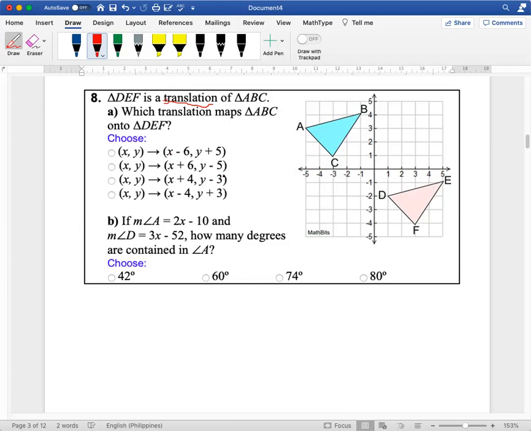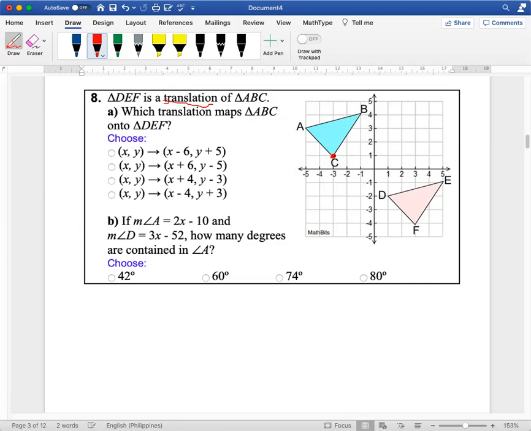Or another region. So here, which translation maps triangle ABC onto DEF? We need to look into one point here.